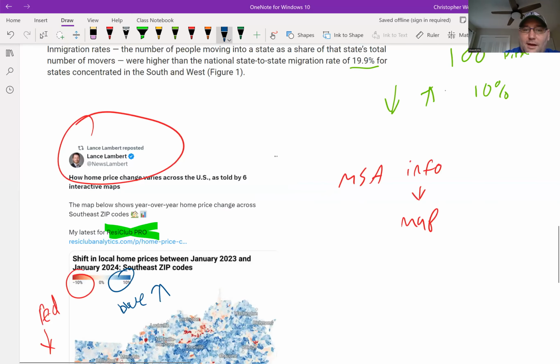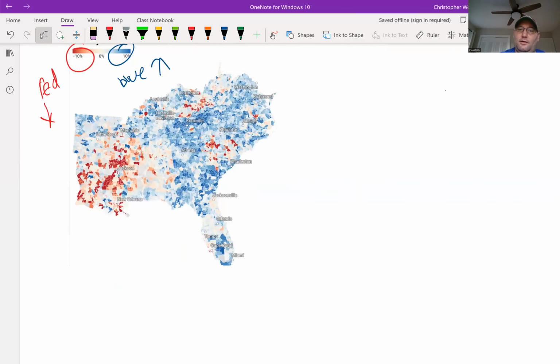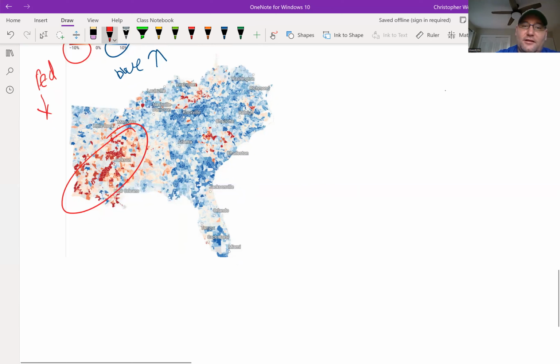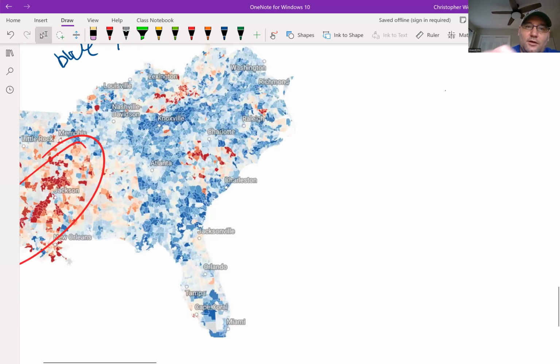Well, when we come down here, we do see a lot of blue in the Southeast, but we also see a lot of red. And what I would look at if I was thinking about moving my investments to another area is where these red spots are hitting. South Carolina, in particular, is very interesting because there is a lot of red.